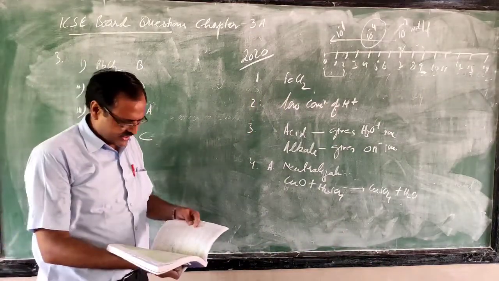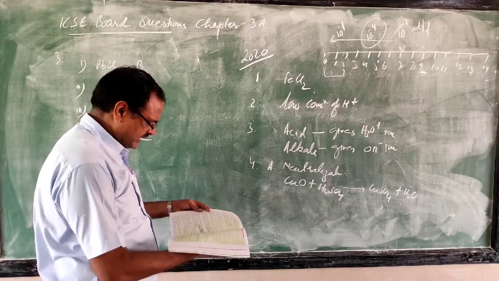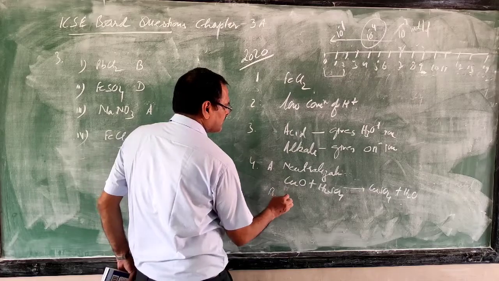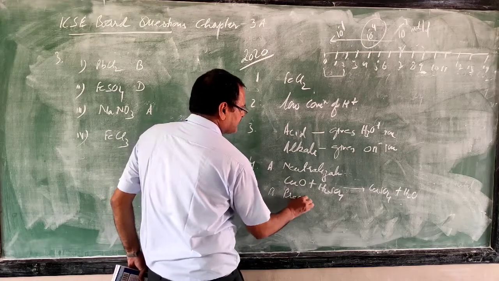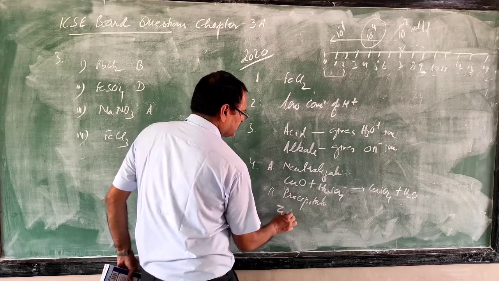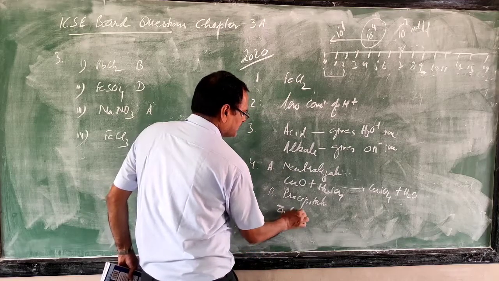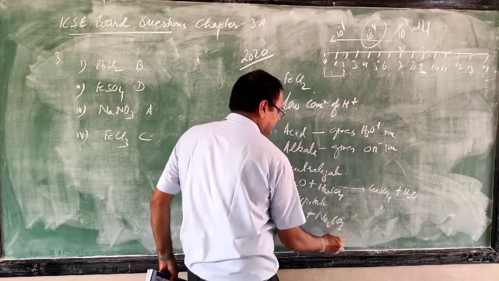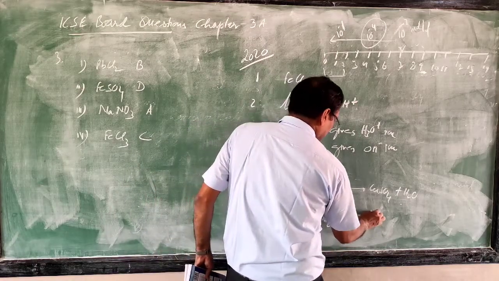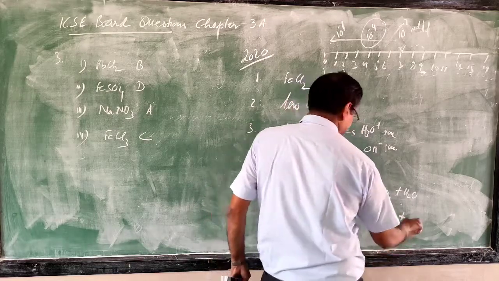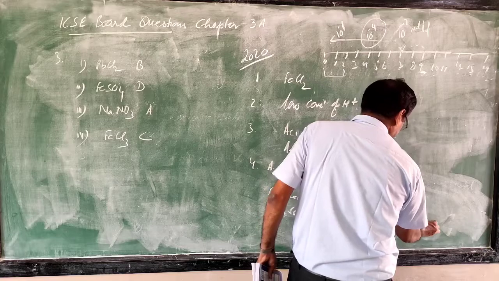Now the next one asked is zinc carbonate. So precipitation will be there. So zinc sulfate and sodium carbonate will form sodium sulfate and zinc carbonate.